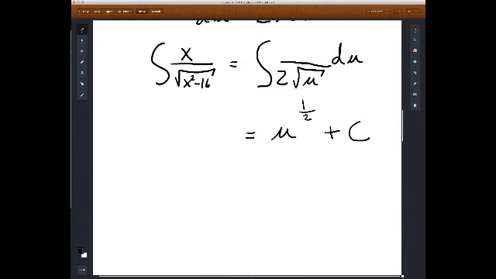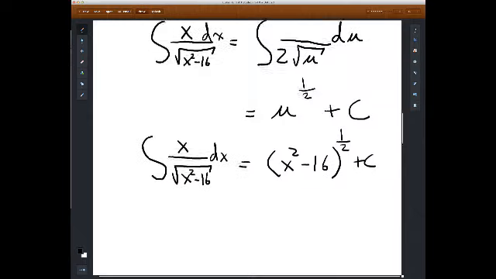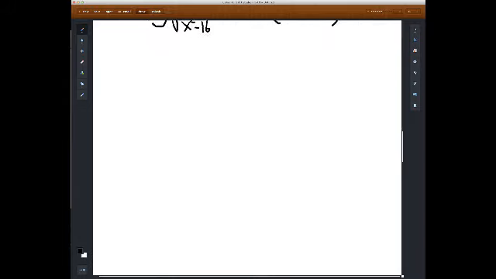So that means that substituting back in for u, we see that the integral of x over the square root of x squared minus 16 dx is equal to x squared minus 16 to the 1/2 power plus a constant.